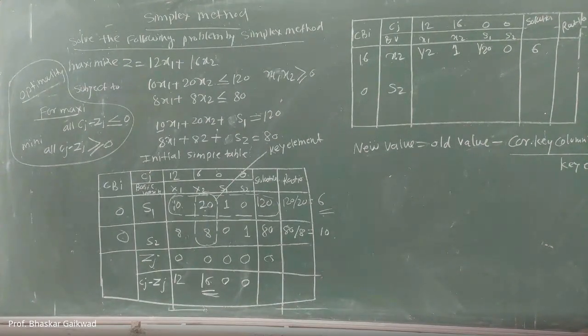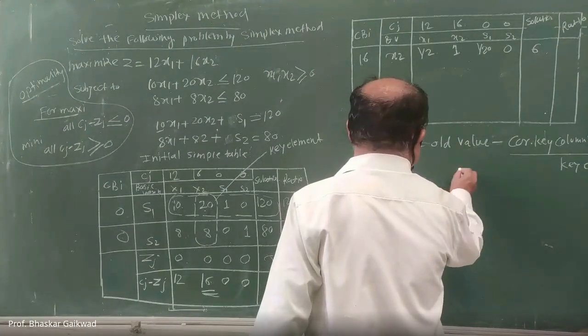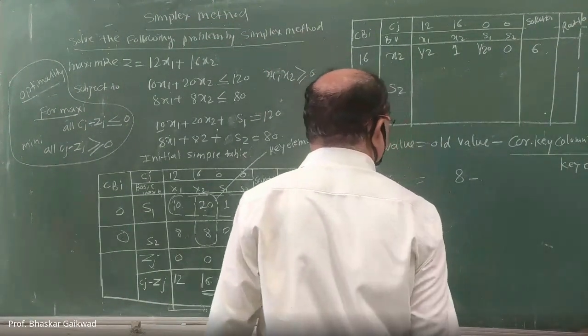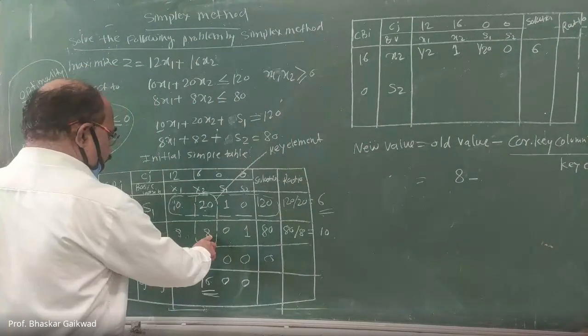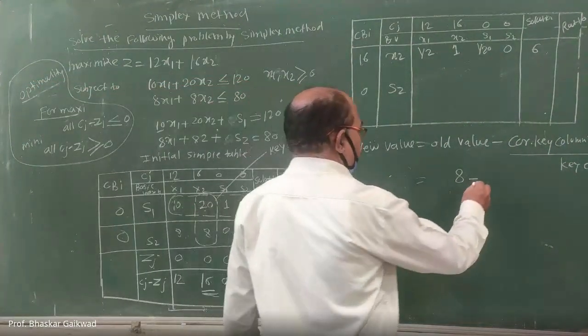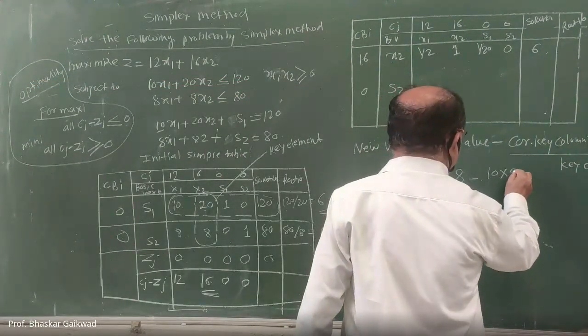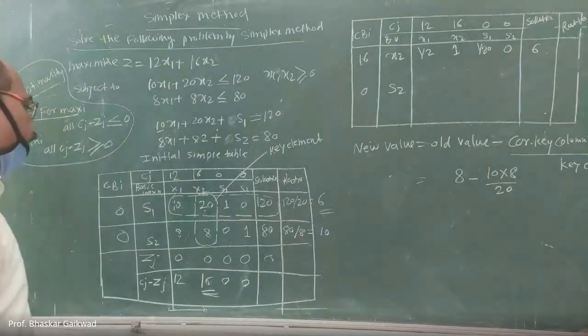So here the old value is 8. Old value 8, minus the corresponding column value and row value. So here 8 into 8 divided by 20.